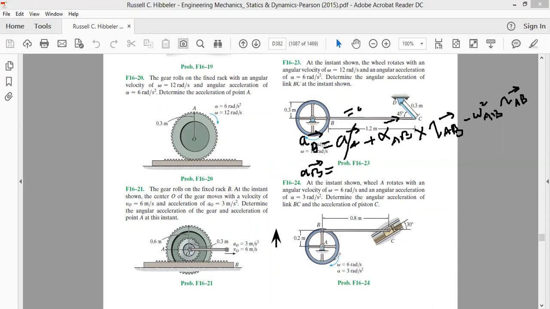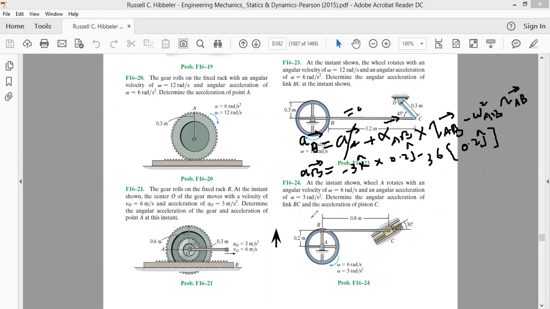If you keep your fingers in the direction of rotation, the thumb will be along the negative k-axis. So its angular acceleration will be minus 3 k cap cross R from A to B, that is 0.2 j cap, minus omega square. The value of omega is 6, square is 36, and RAB vector is 0.2 j cap.